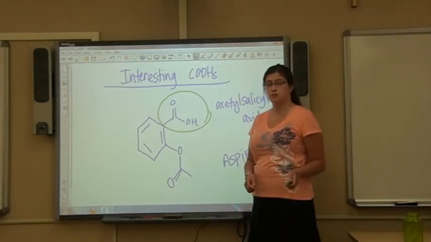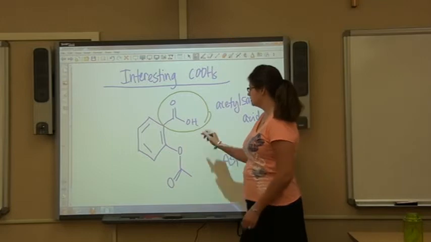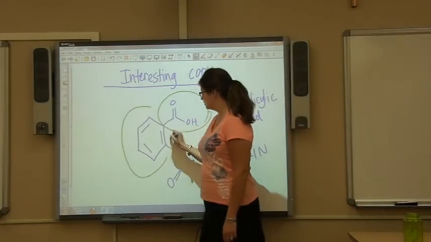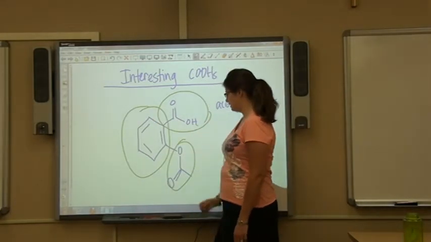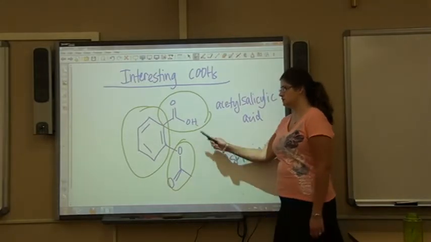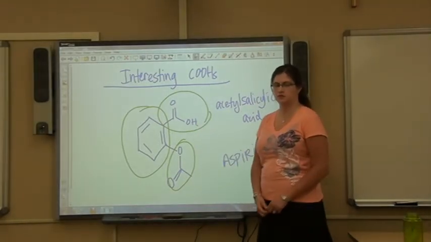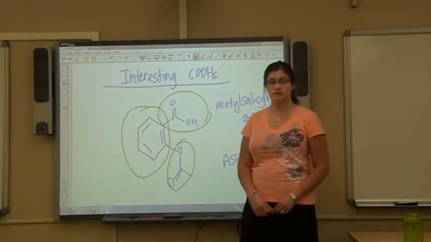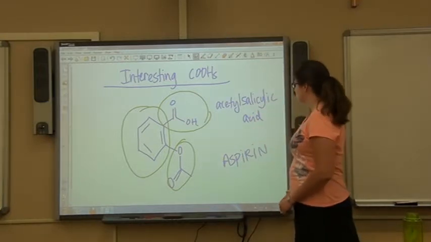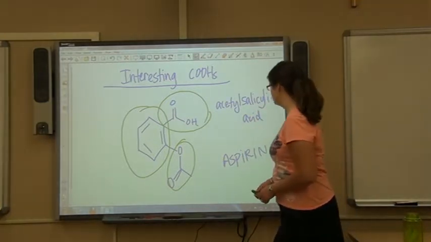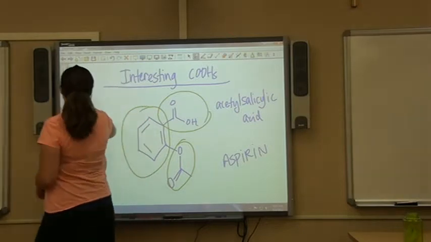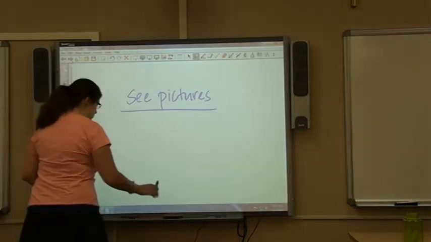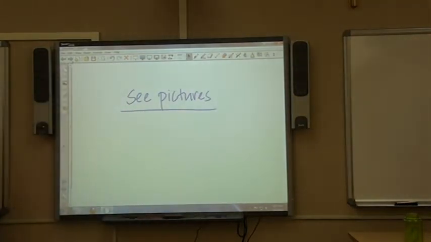In fact, this compound has three functional groups. But as for right now, we're just worried about this part of it because that's what we're working on right now, the carboxylic acid. So this is aspirin, a carboxylic acid.